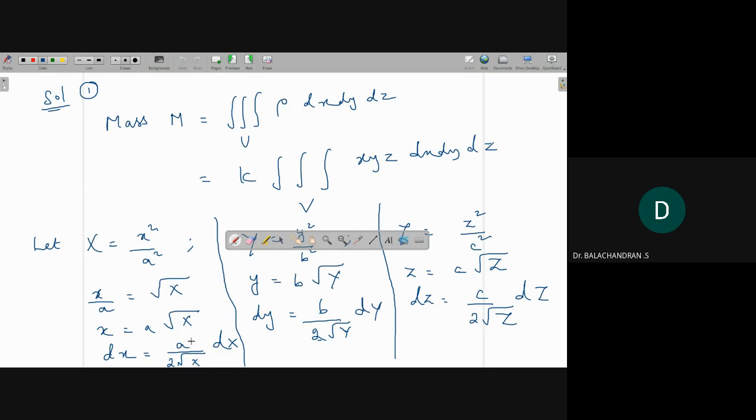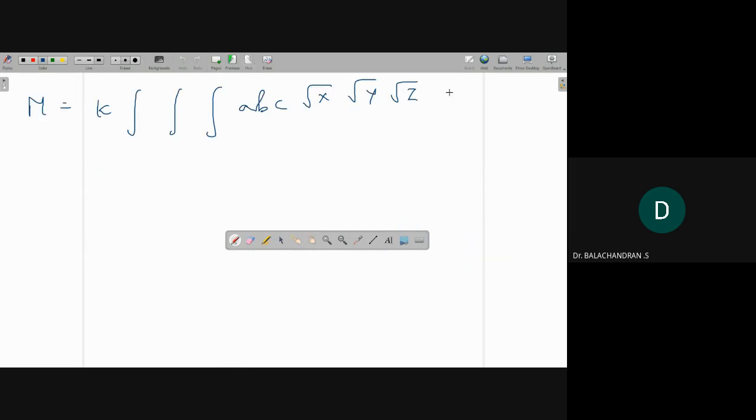So abc by 8, divided by root X, root Y, root Z, into dZ, dY, dX.